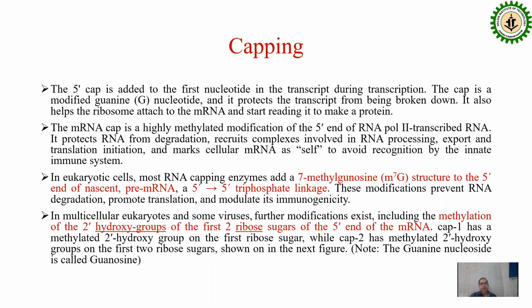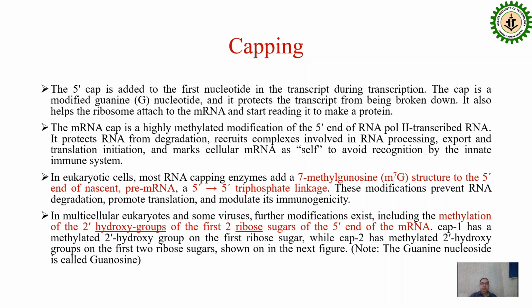Now a little bit details about the capping. In eukaryotic cells, most RNA capping enzymes add a 7-methyl guanosine structure to the 5' end of the pre-mRNA by a 5' to 5' triphosphate linkage.